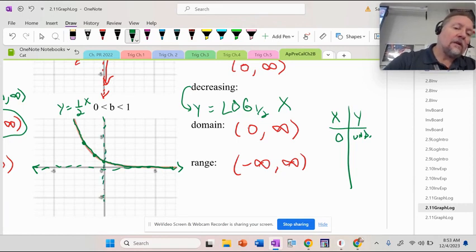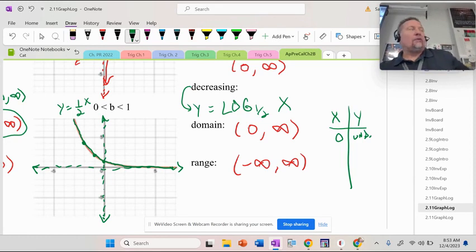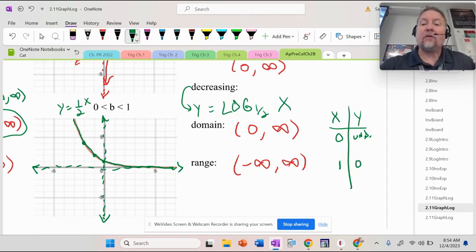And then I could do 1. All right, then I've got to get a little weird on this other one. What's anything to the 0 power? What's anything to the 0 power? 1. All right, so 1/2 to the 0 power equals 1. That's why we still have that 1 comma 0.